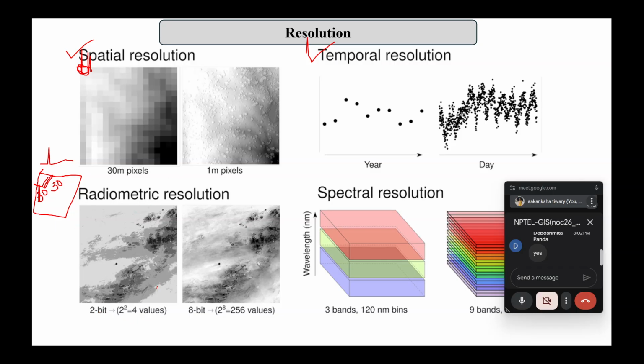So you can fill only 4 colors in that drawing. But if you have 8-bit, that means you have 256 different values, so 256 different colors. You can fill that image using 256 different values, DN values, digital number values.